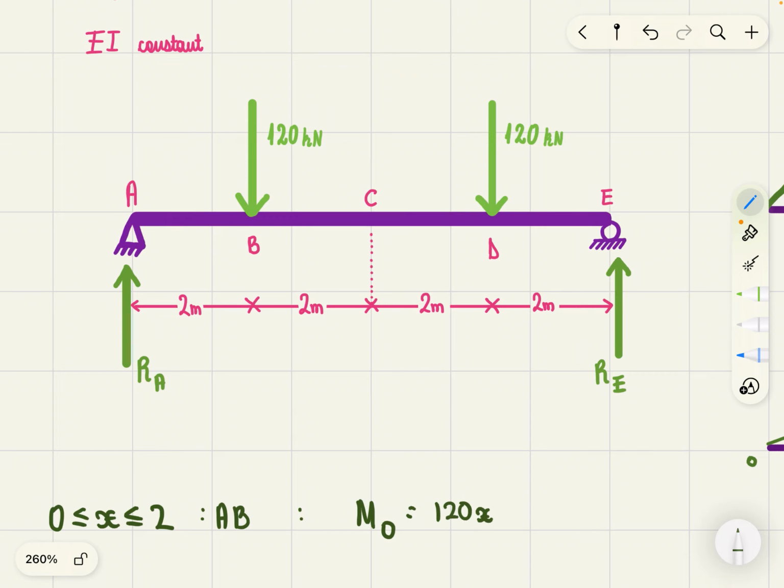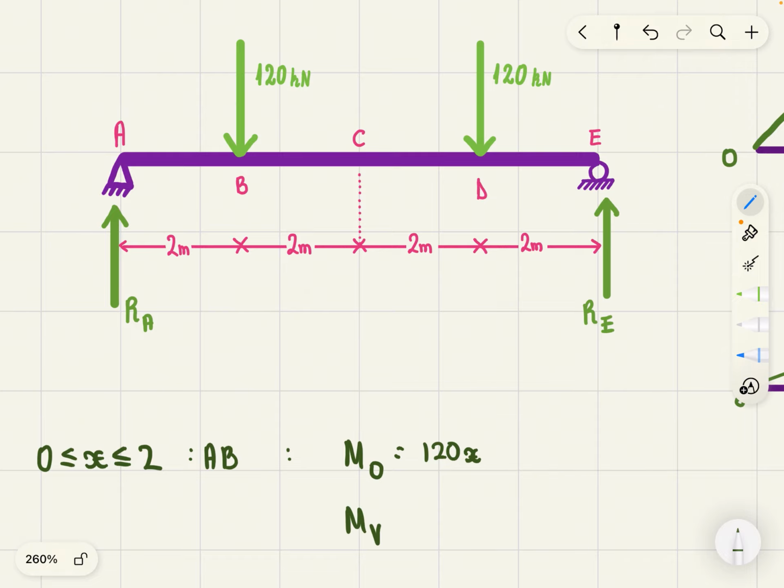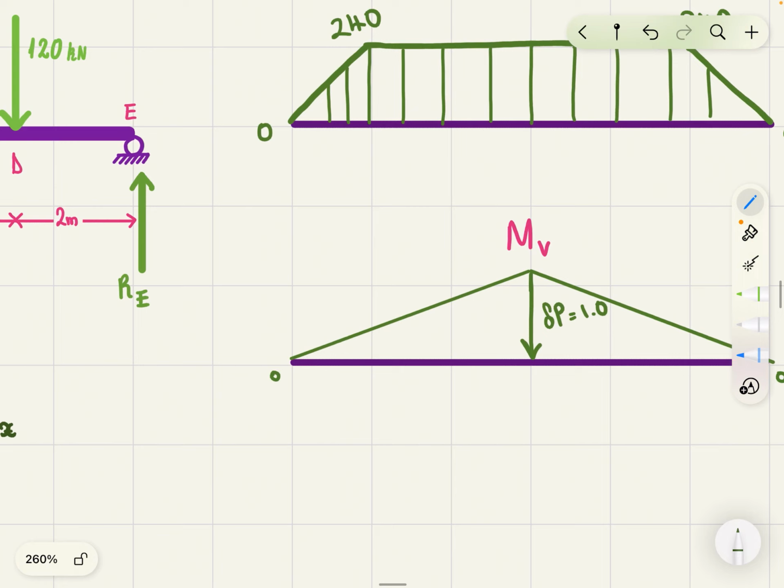So 120x. Now, for the virtual moment, we said we have a unit virtual force acting at midspan, and our interval is starting from 0 to 2. This is at 4. So x is this length we're looking at. To find the virtual moment at this interval, we want to find the virtual force at this point and multiply it by our interval x.